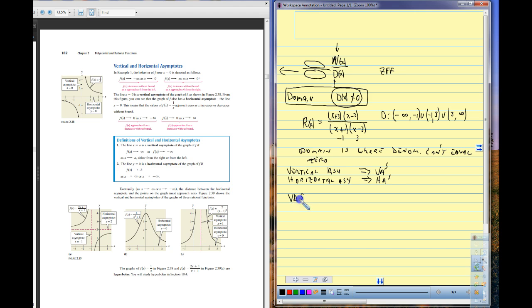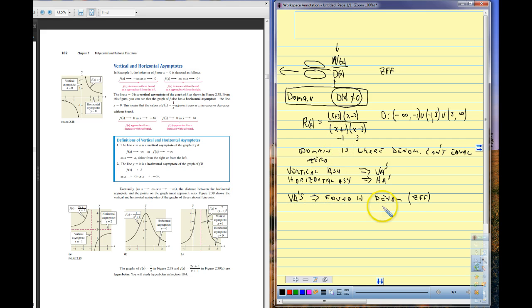VAs are found in the denominator when you have it easily in zero factored form. Let's go back upstairs here and look at r of x.